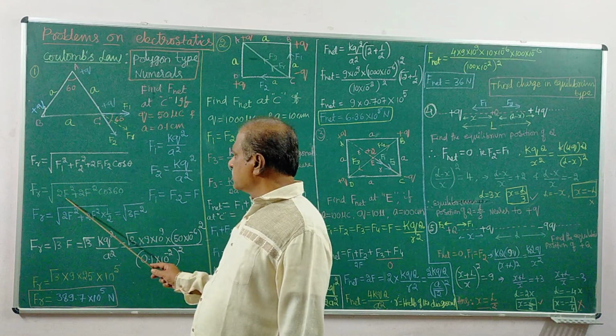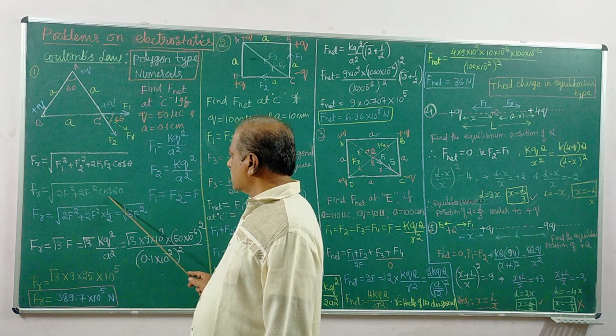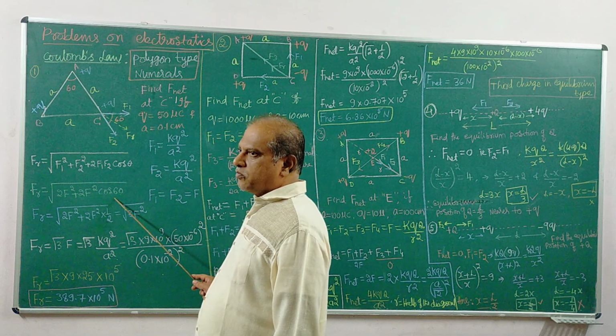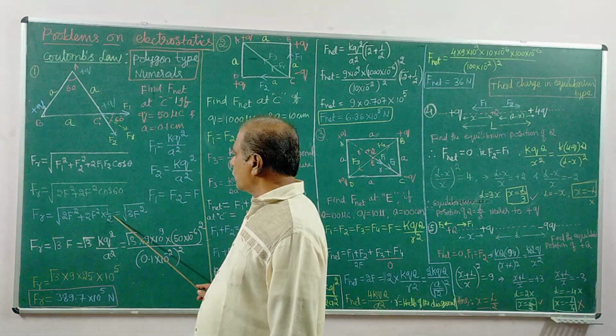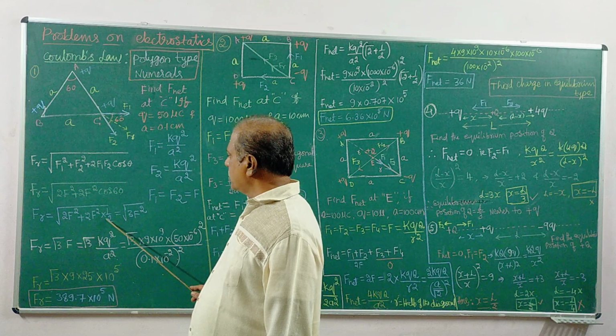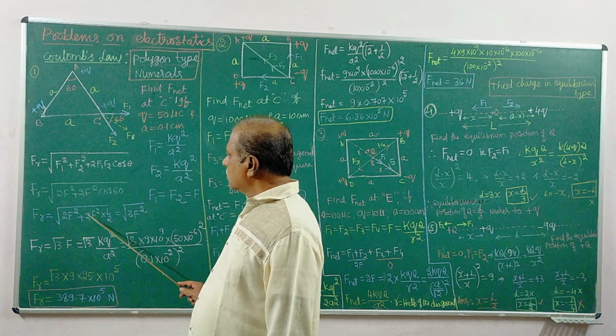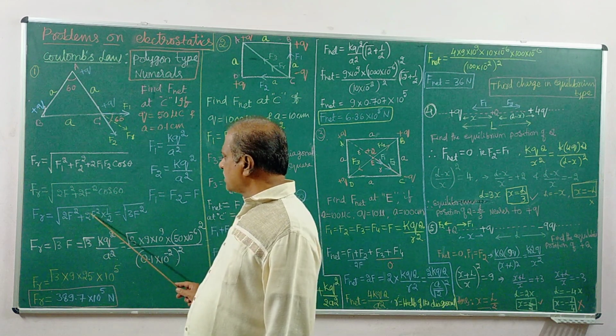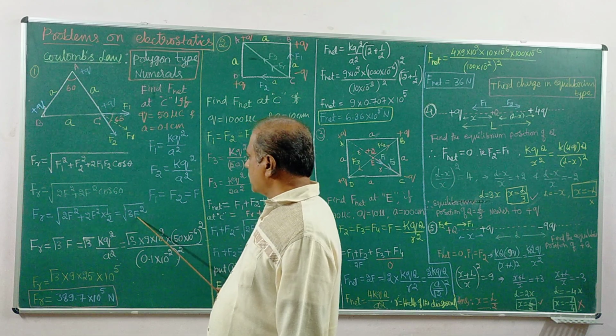So the equation becomes F square plus F square plus 2F square cos 60. We know the value of cos 60 is 1 by 2, so the 2 cancels, leaving F square. In the root we have 2F square plus F square, equal to 3F square.